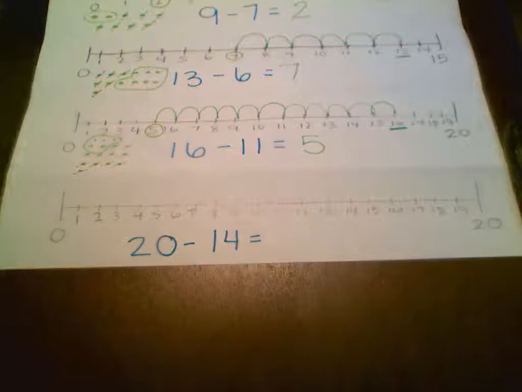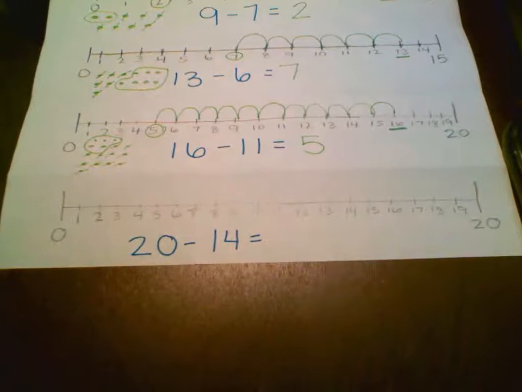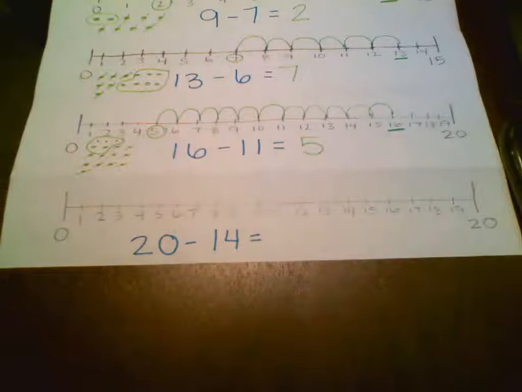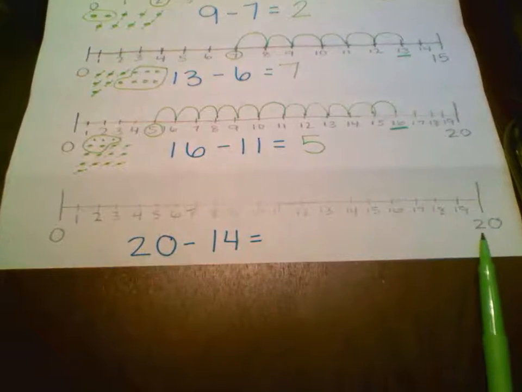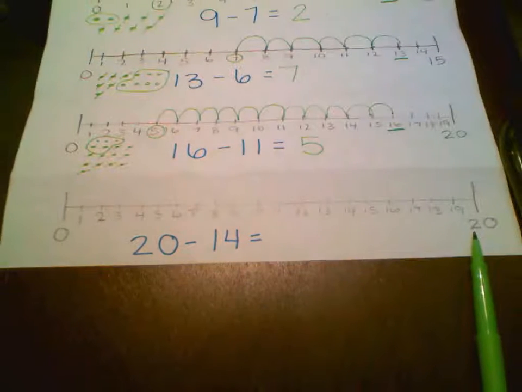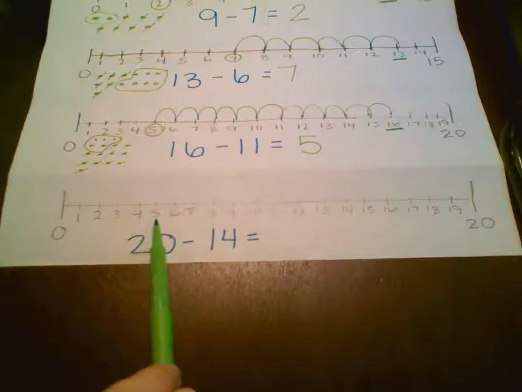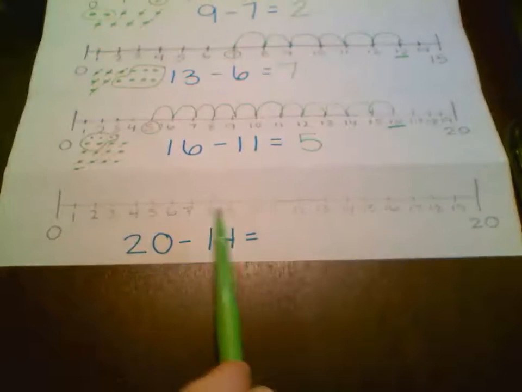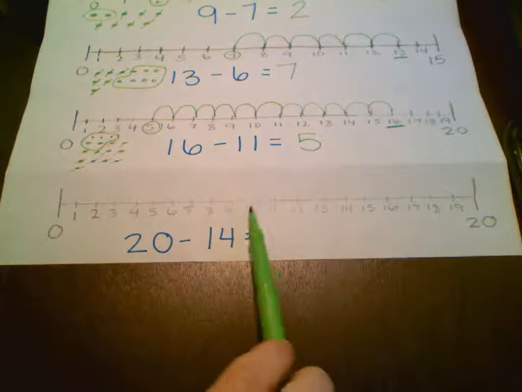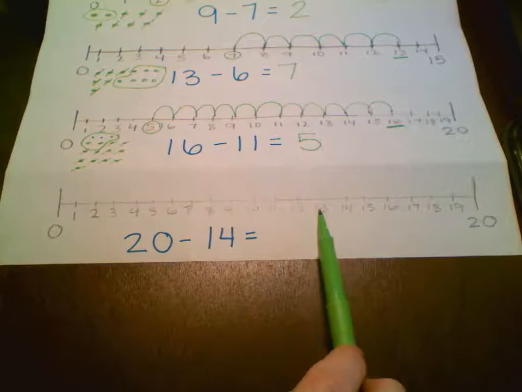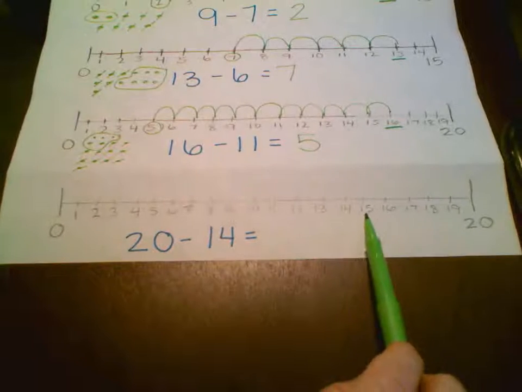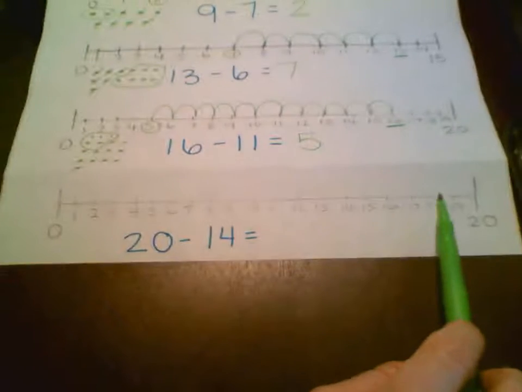All right, so I need my number line to go to at least 20. So let's see, our number line starting at 0 and going to 20. So far, so good. Let's count to make sure we'll be going by ones. 1, 2, 3, 4, 5, 6, 7, 8, 9, 10, 11, 12, 13, 14, 15, 16, 17, 18, 19, 20.